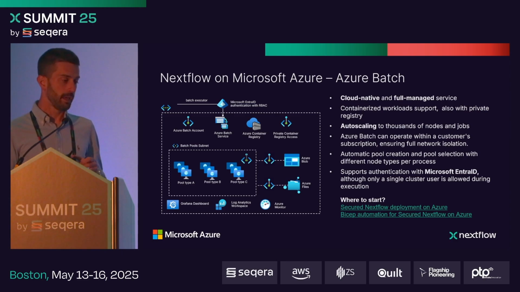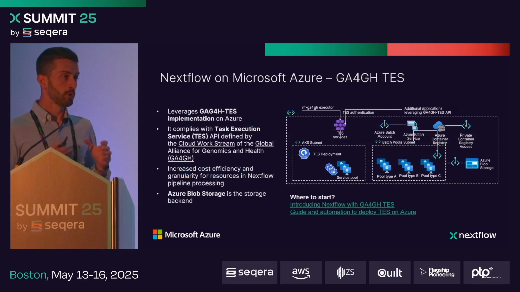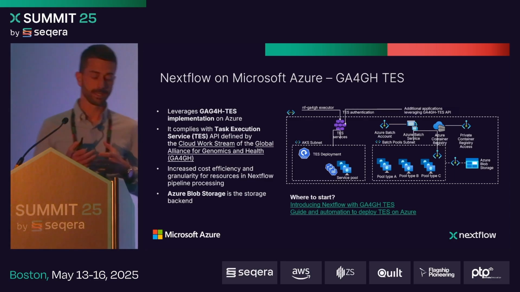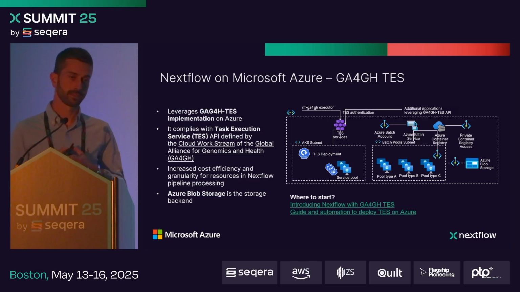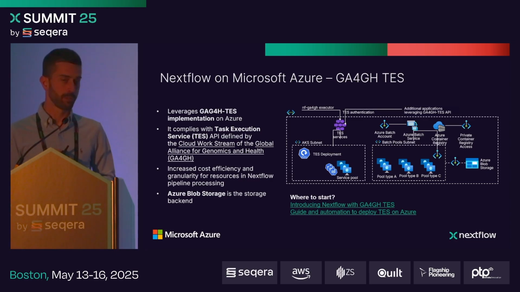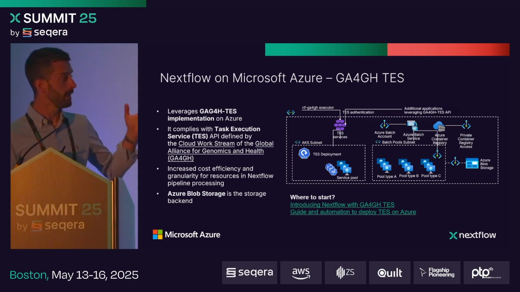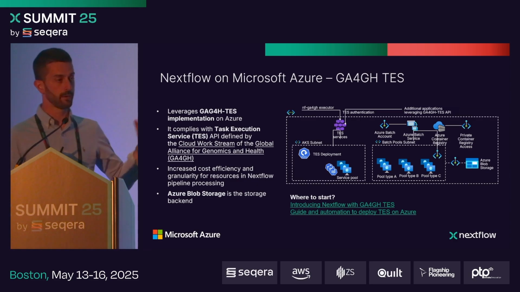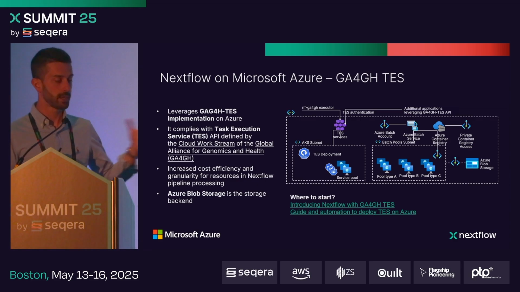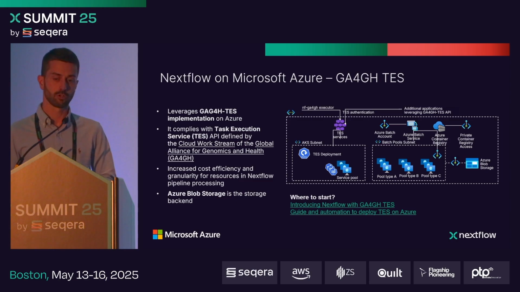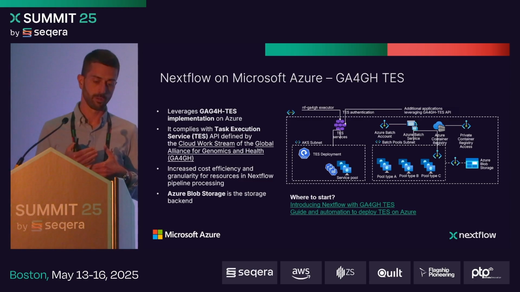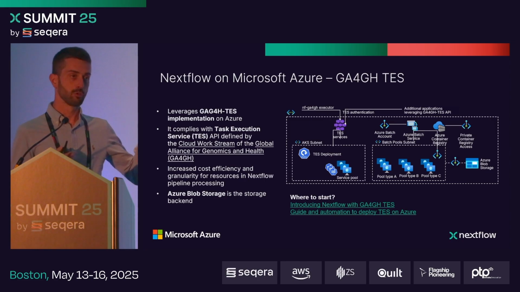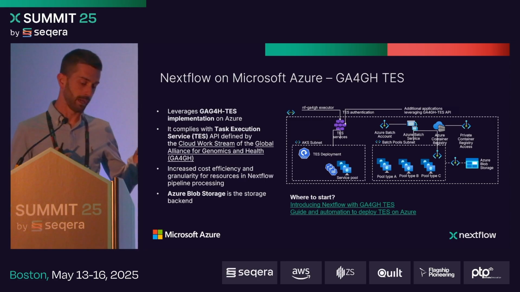Because of that, many customers prefer a more cloud-agnostic solution. For example, what we have on Microsoft Azure is an implementation of the Task Execution Service API, coming from the Global Alliance for Genomics and Health, that runs in front of Azure Batch. As you can see, compared to the previous architecture, here you have an Azure Kubernetes cluster running an implementation of the Task Execution Service, which acts as an interface that totally decouples you from being tied to Azure in terms of a submission interface.